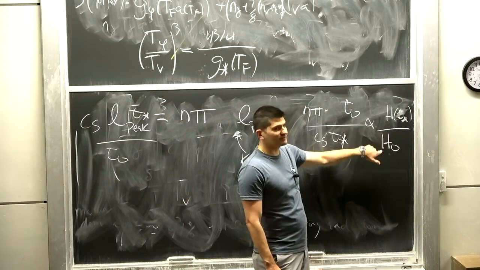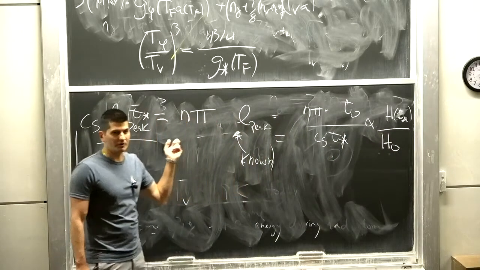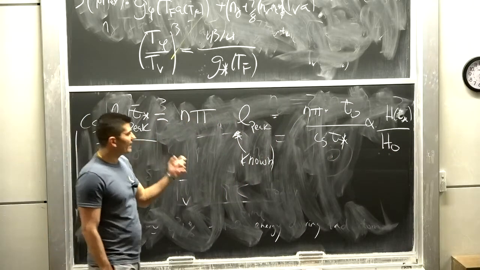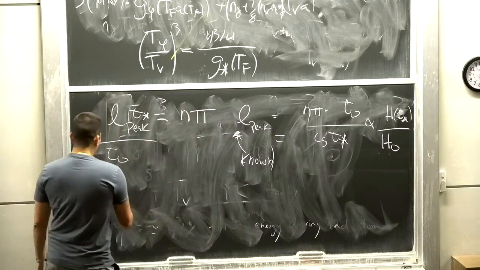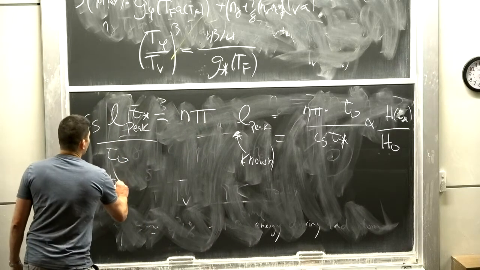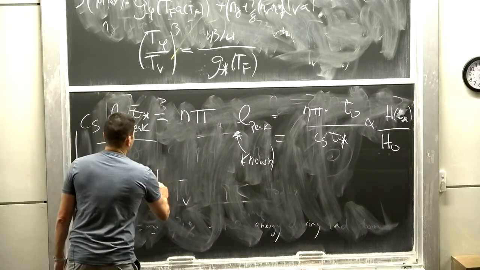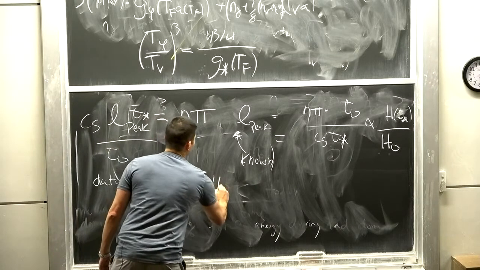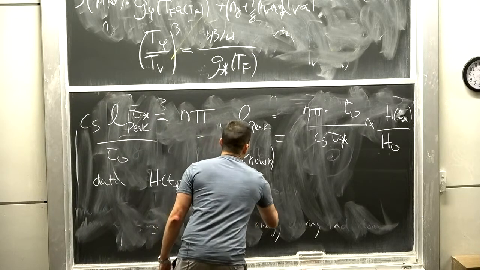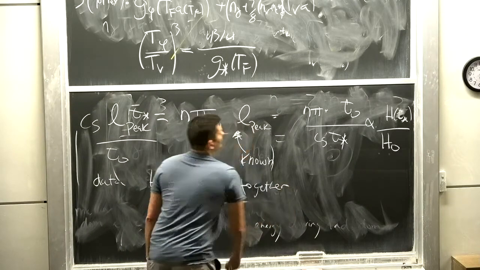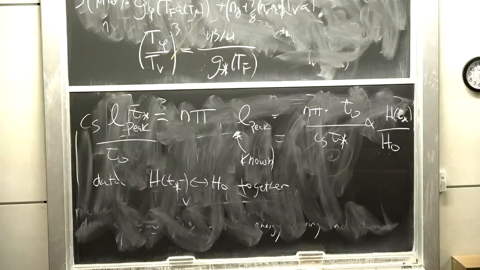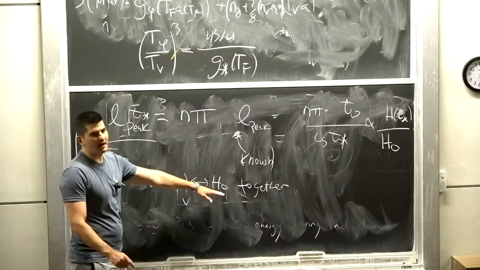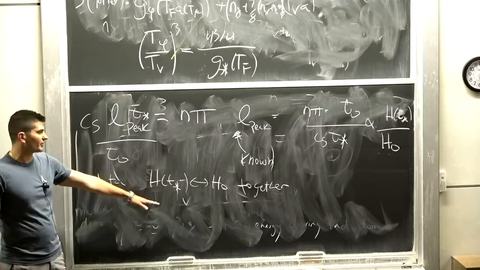We want to change them together so the peak locations don't move. So we have to be careful that, for the purposes of data, we always change H at T star and H naught together. That's the key thing that's going to affect how we look for the actual observable effect.